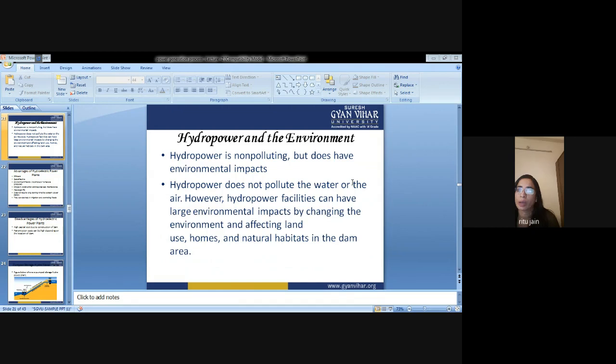Hydropower and the environment. Hydropower is non-polluting but does have environmental impacts. Hydropower does not pollute the water or the air. However, hydropower facilities can have large environmental impacts by changing the environment and affecting land use, homes, and natural habitats in the dam area.